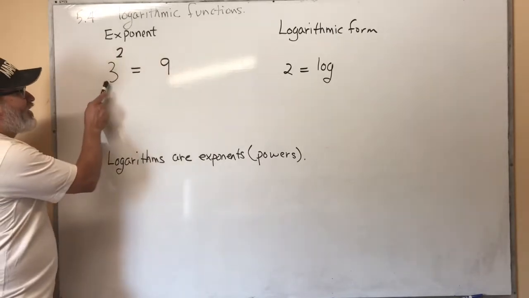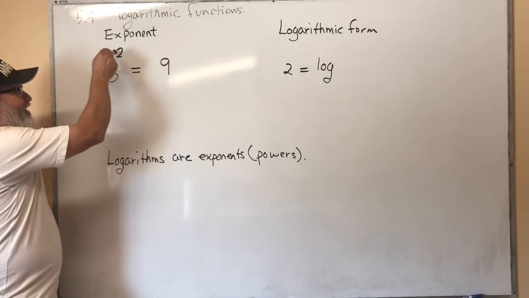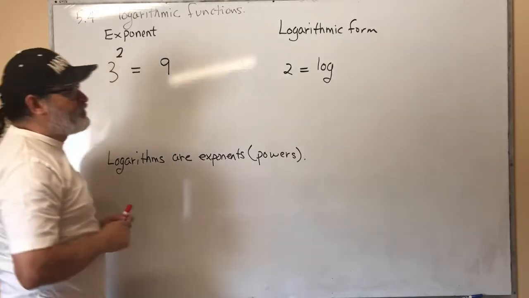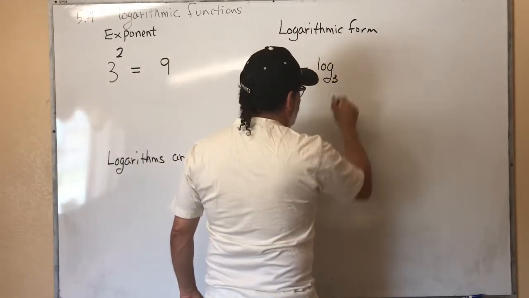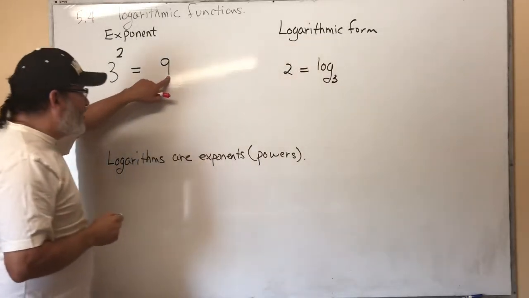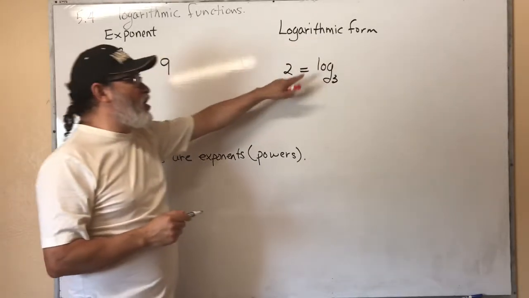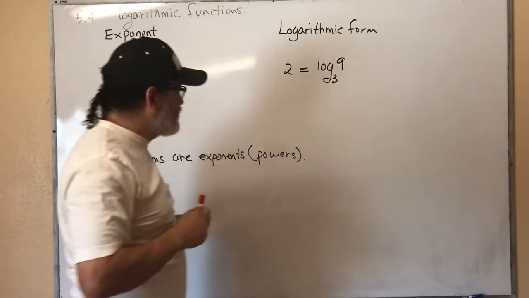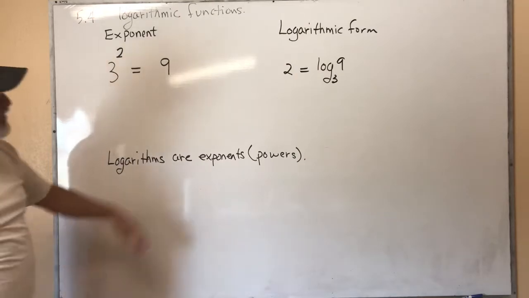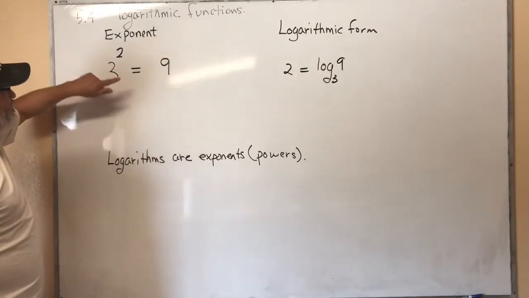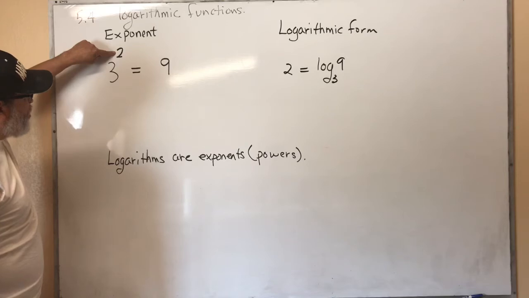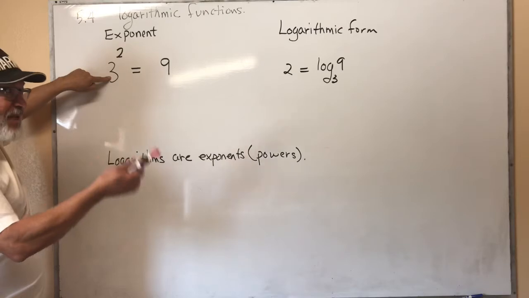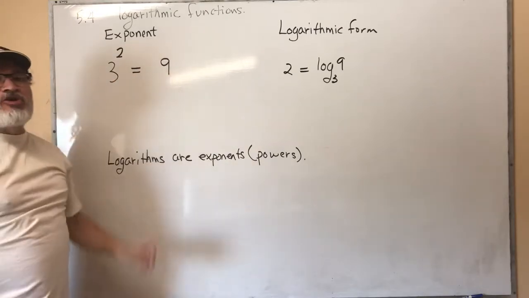This is the base of the logarithm. This is the product; here I'm going to call it the argument. Always, in an exponential expression, the power is the logarithm. The base stays as the base of the logarithm, and this is the argument.